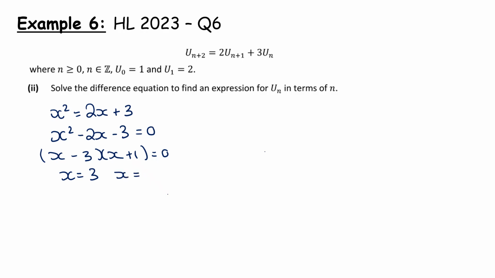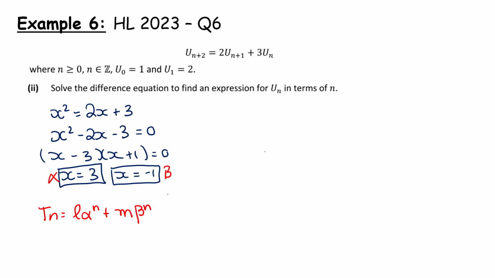Because we have 2 different roots, we're going to call those alpha and beta, and we're going to use the different root theorem, which is Tn = L alpha to the power of n plus m beta to the power of n. So for us, that's un = L 3 to the power of n plus m (minus 1) to the power of n. Now we're going to do some substitution.